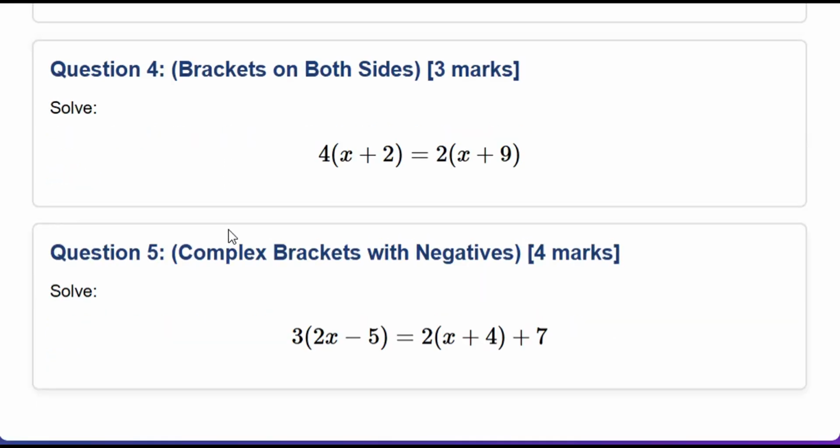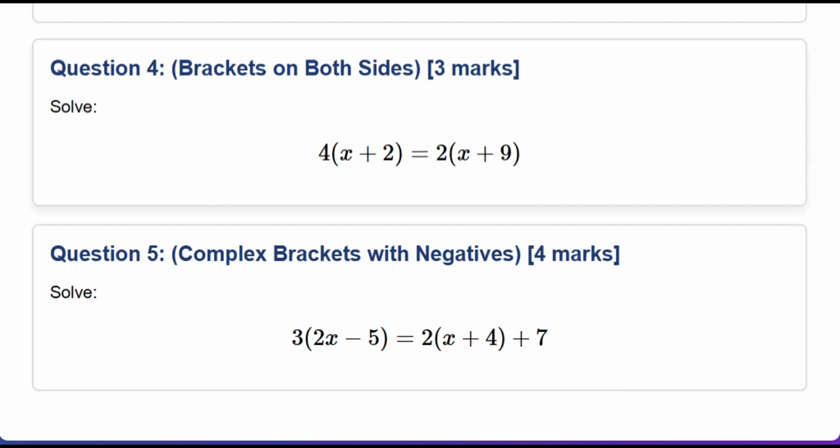So can we solve the last question, which is the most complex one here, where we are told to solve 3 into 2x minus 5 is equal to 2 into x plus 4 plus 7.